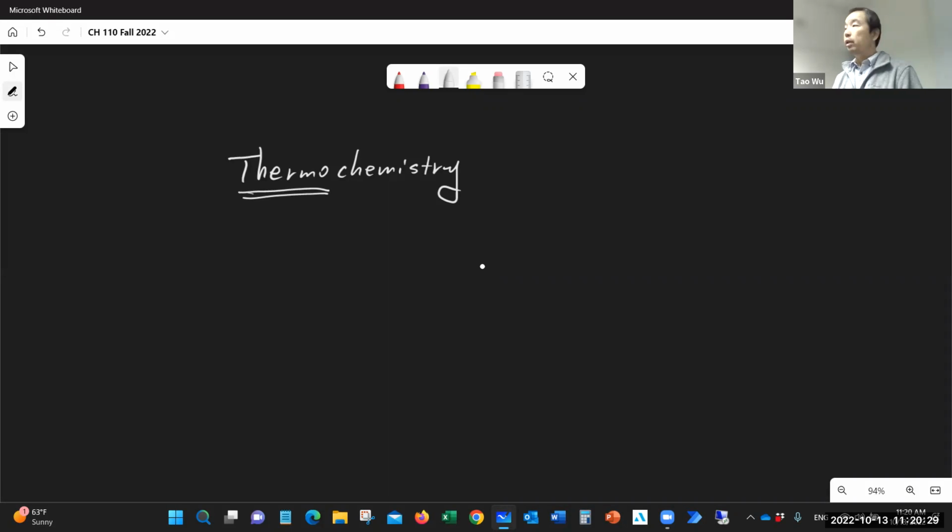Okay, so now we're going to talk about unit 3. Unit 3 is talking about thermal chemistry. Thermal means anything related to energy, anything related to temperature.